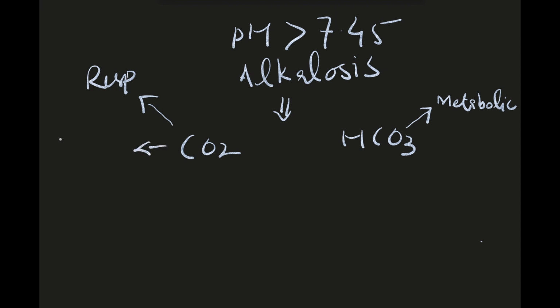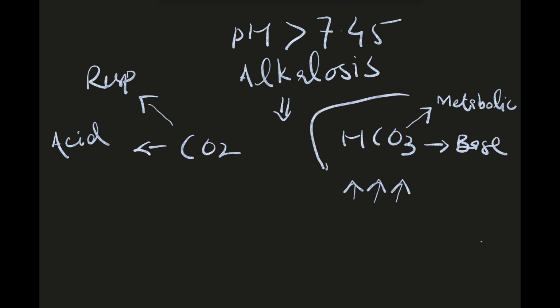This is an acid. This is a base. If you find in the ABGs a higher level of HCO3, then that means the base is accumulating in the blood, making pH go towards more than 7.45. As it is a metabolic component, it will label the ABGs as metabolic alkalosis.